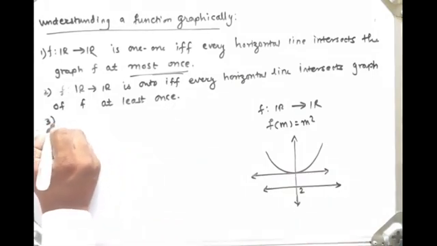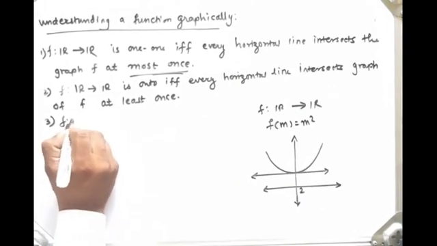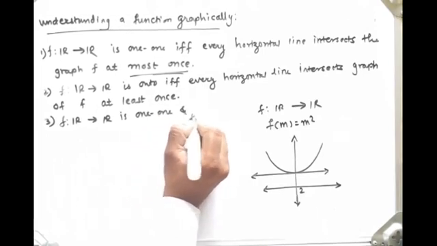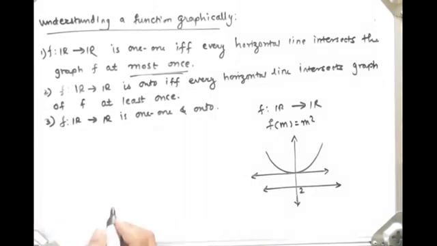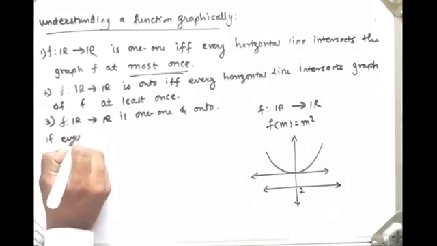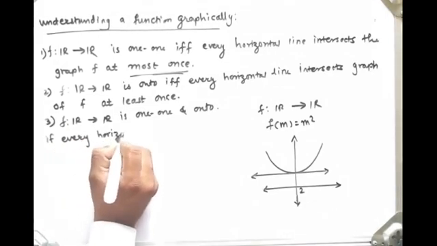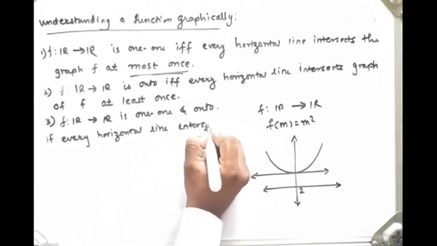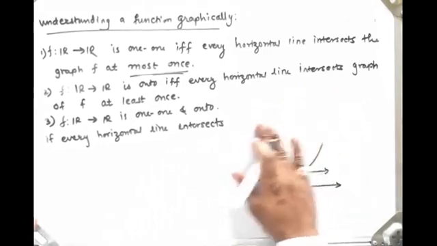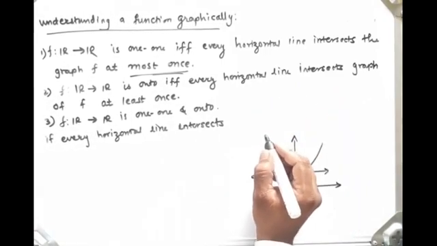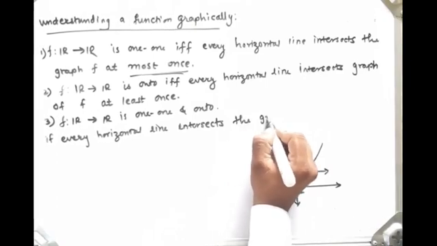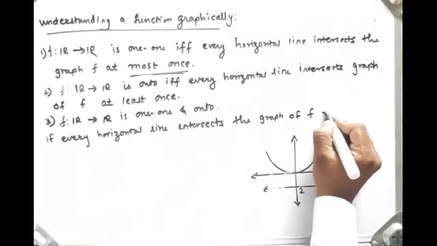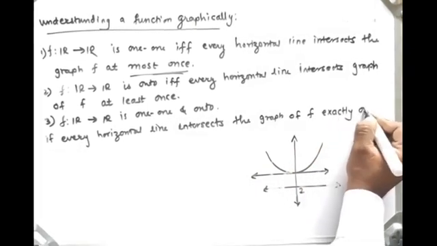Now the third case: f from R to R is both one-one and onto if every horizontal line intersects the graph of f exactly once.